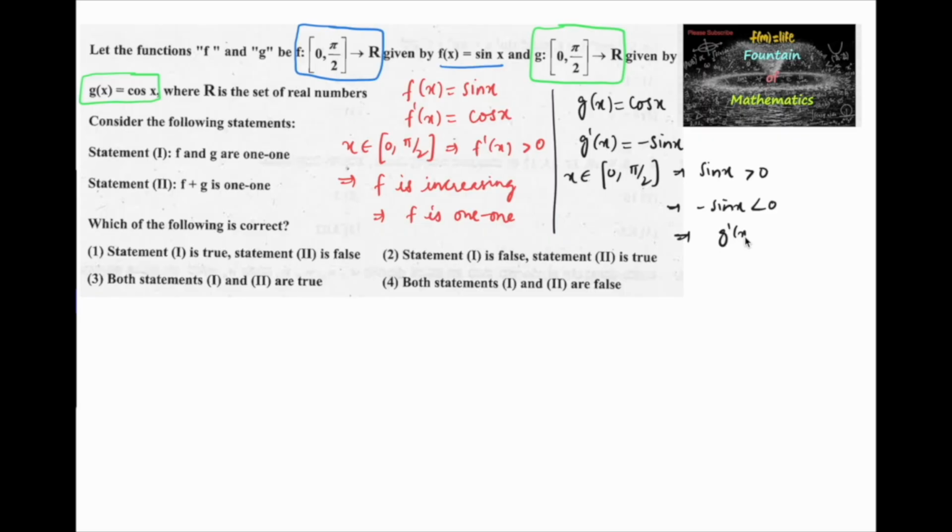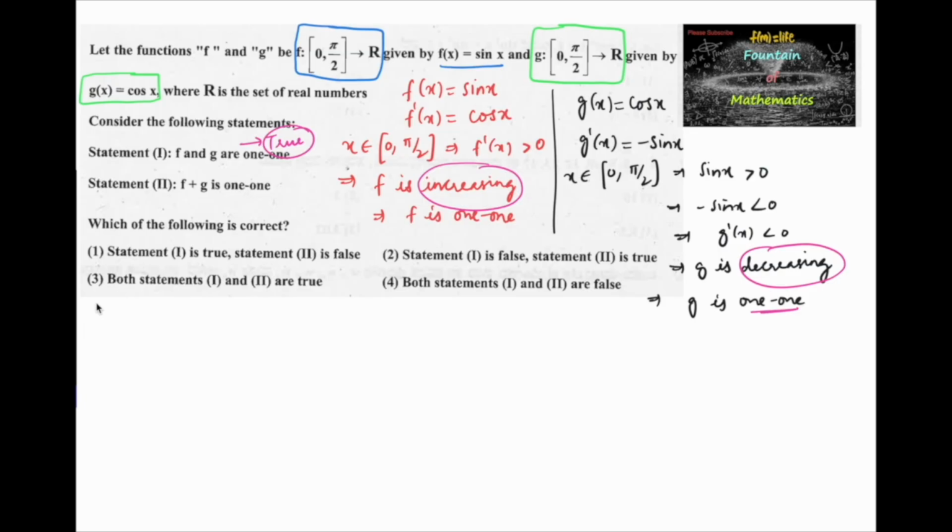That is, g'(x) is less than 0, and hence g is a decreasing function. When g is decreasing, g is one-to-one, because either an increasing or a decreasing function in one particular interval is one-to-one. So statement 1 is true.